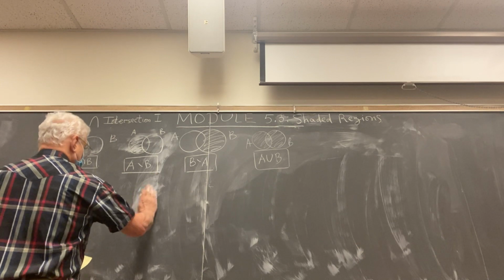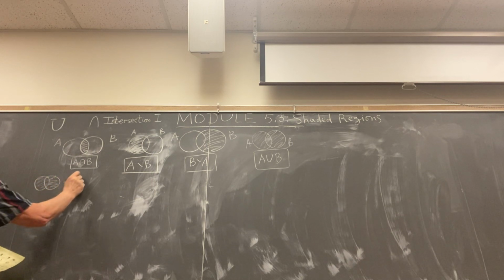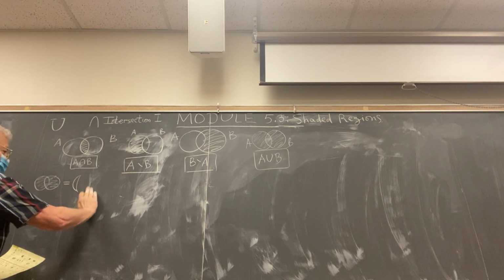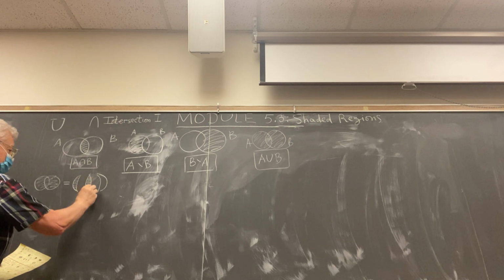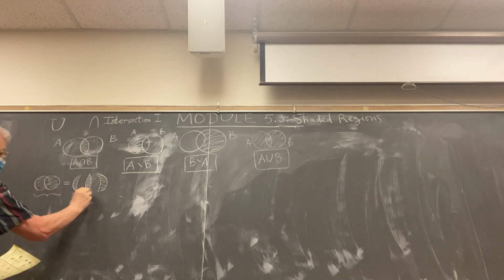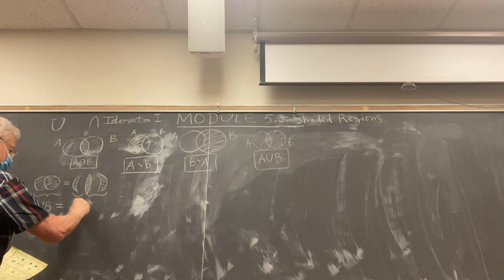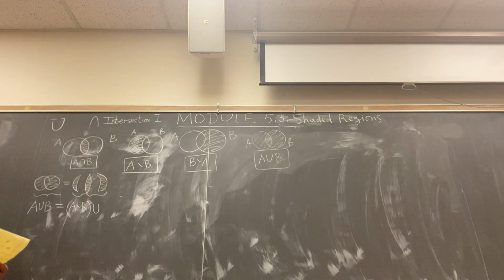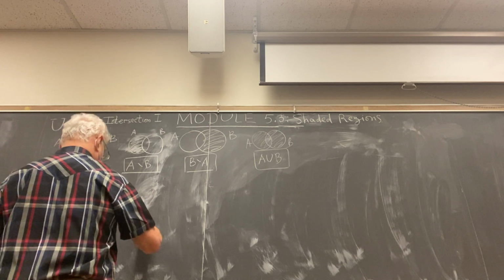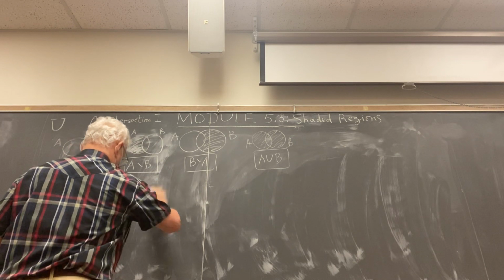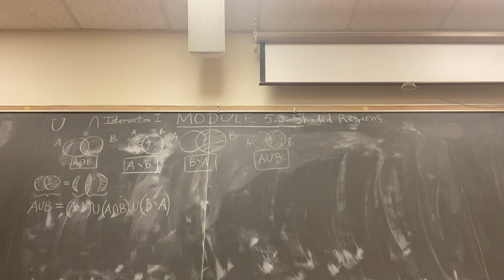So the whole thing, A union B, equals A minus B, union, like plus, we add A intersection B, the middle part, and add B minus A. Okay? So this is a formula.